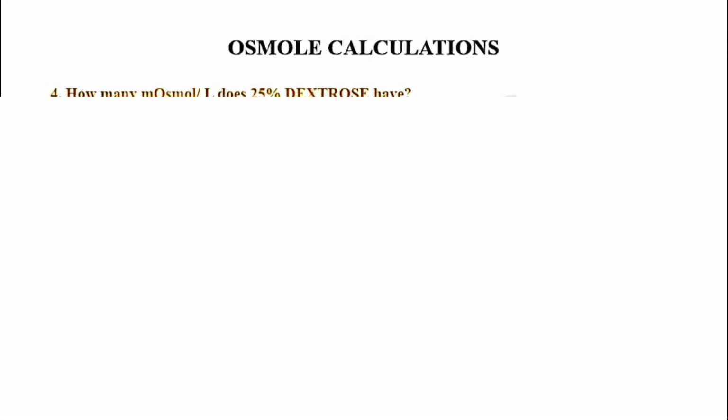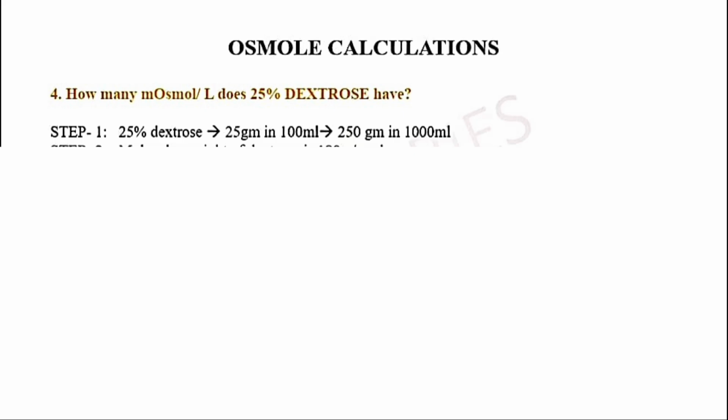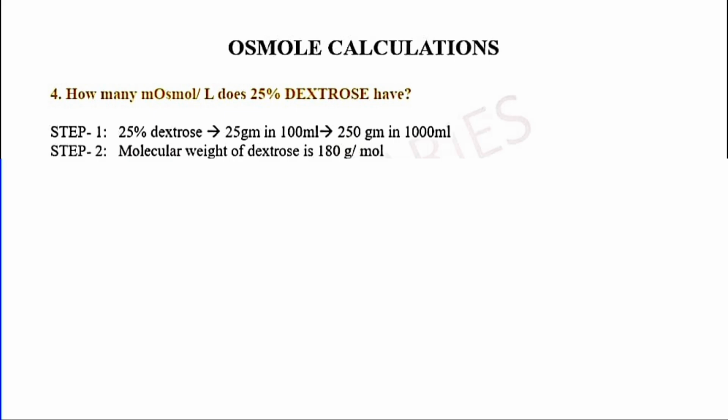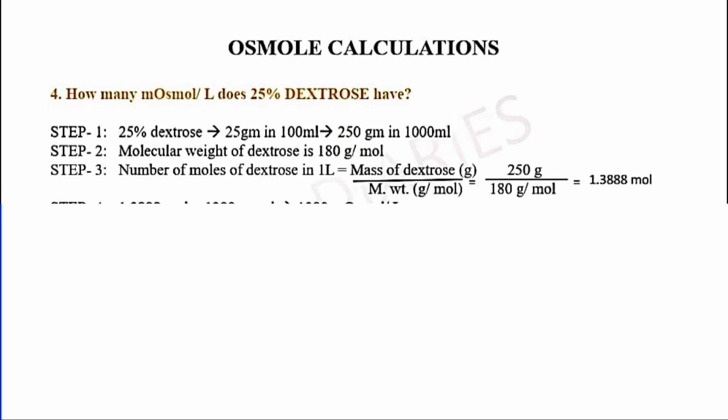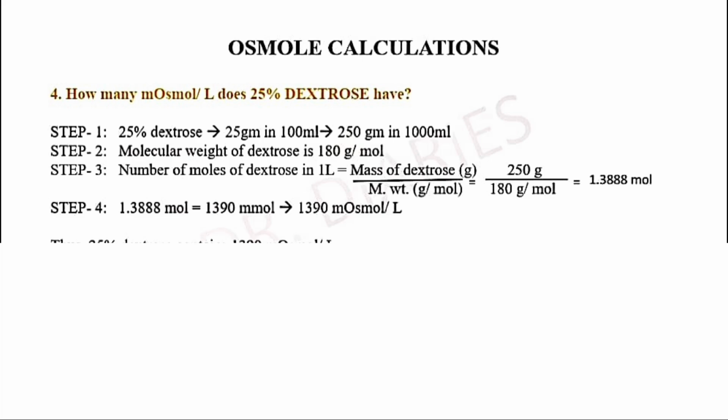Next example is 25% dextrose, which is 25 grams in 100 milliliters or 250 grams in 1,000 milliliters. Molecular weight of dextrose is 180 grams per mole. So, applying into the formula, we get 250 grams divided by 180 grams per mole, which is 1.3888 mole, which is then 1,390 millimole, and it is 1,390 milliosmoles per liter.